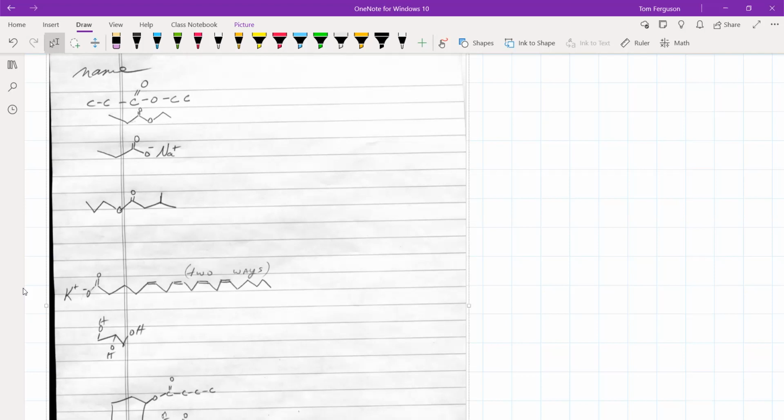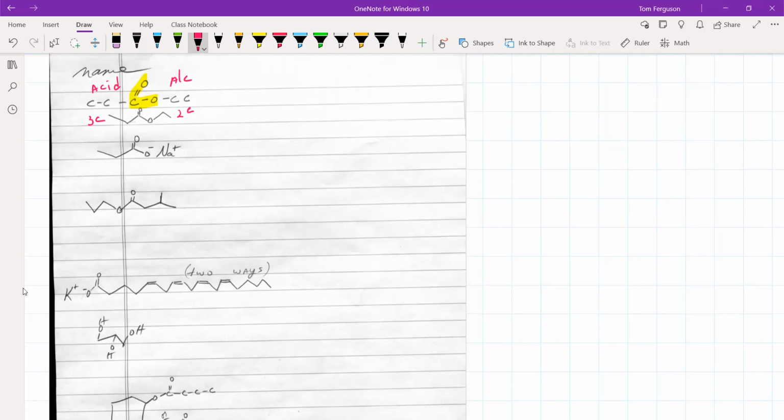Okay, so what we have here is an ester. So that means this is the acid side, alcohol side. So it's a 3-carbon, 2-carbon.